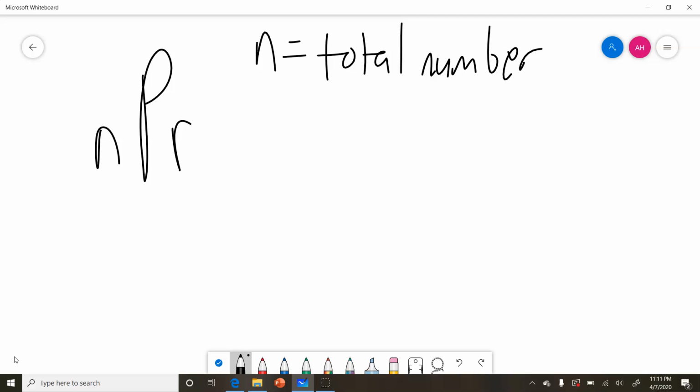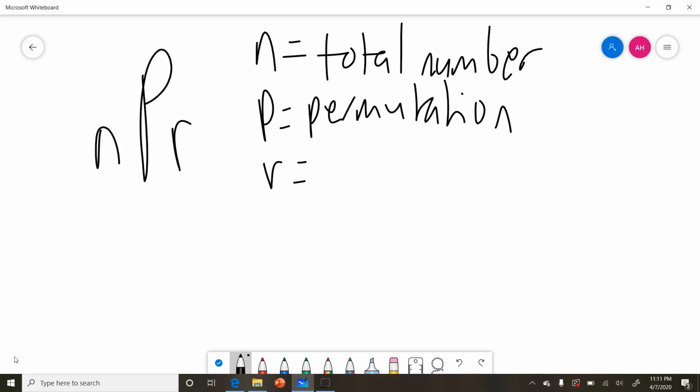P just stands for permutation. So it's not hard. And r stands for the number taken at a time, so it's the smaller value.